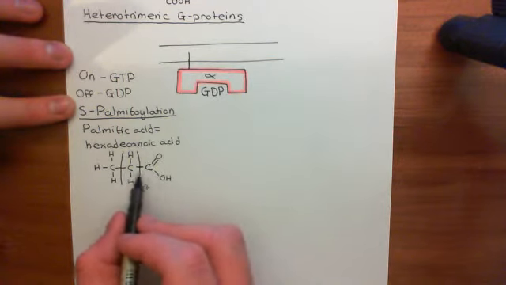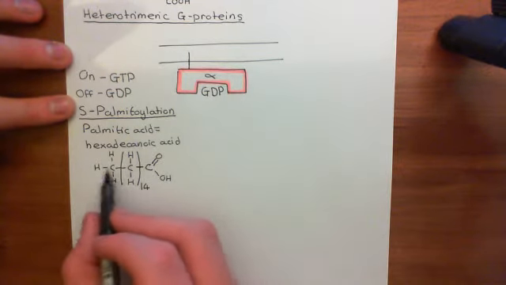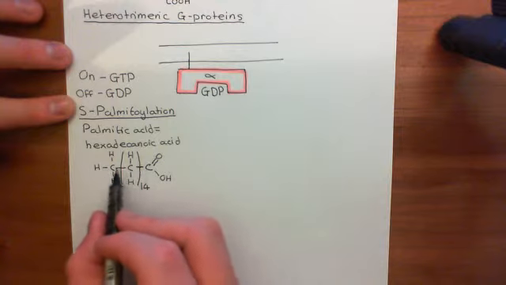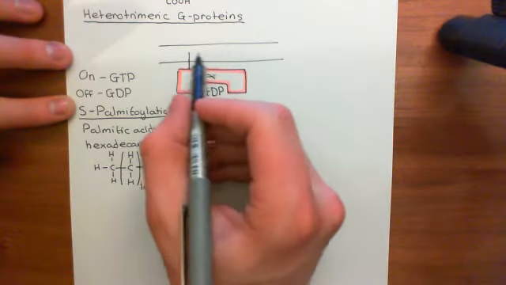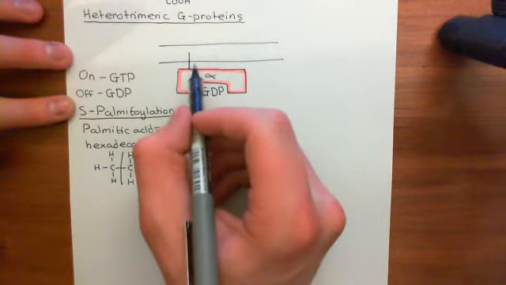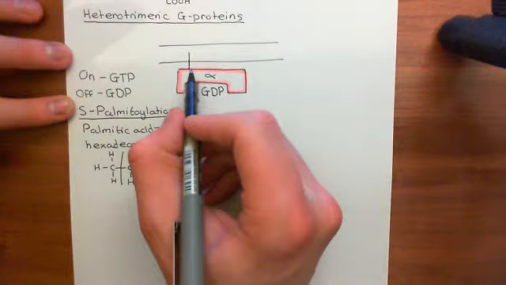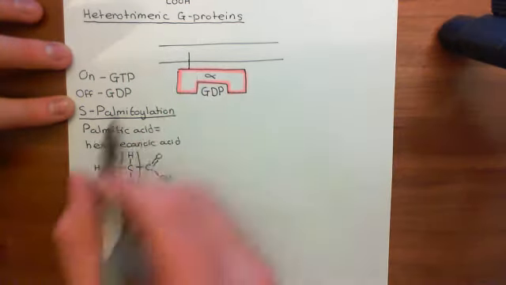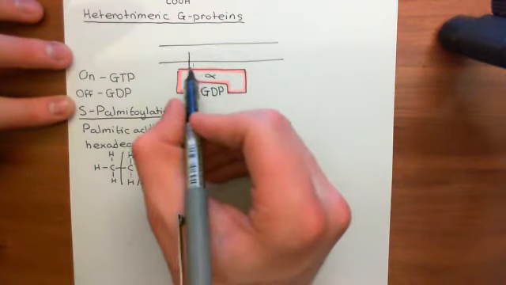So this is a very long molecule, and most of it is extremely hydrophobic. It's not going to interact well with water, but it will interact beautifully with the hydrophobic core of the phospholipid bilayer. So once you stick this molecule onto the side of your alpha subunit, you'll have this tail dangling off, because it's the carboxylic acid group you're going to use to attach it on.